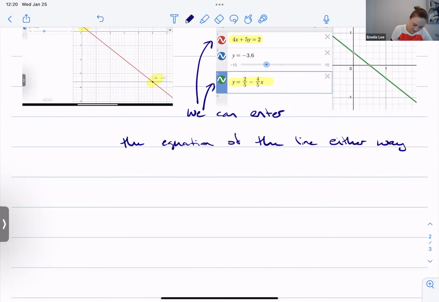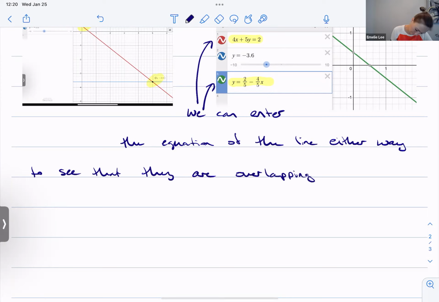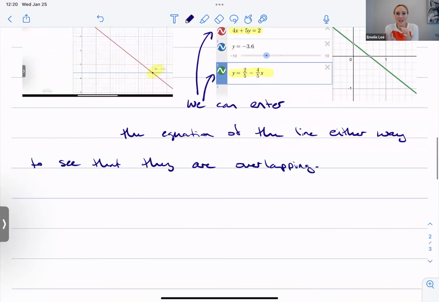Either way, we see that they are overlapping. That's another way that you could check to make sure that how you solve for y is correct.